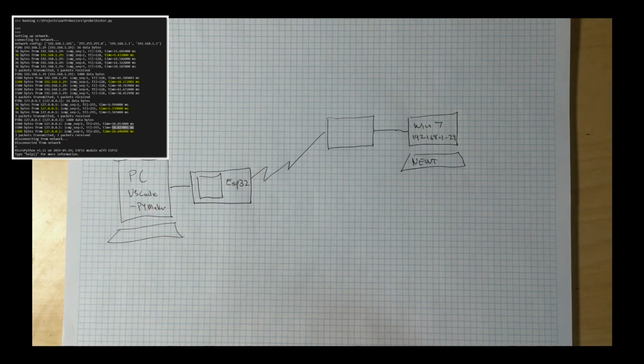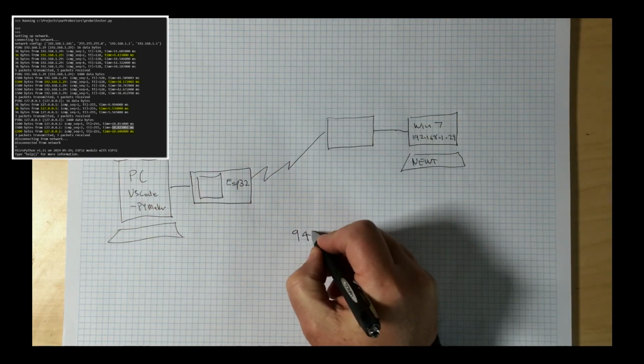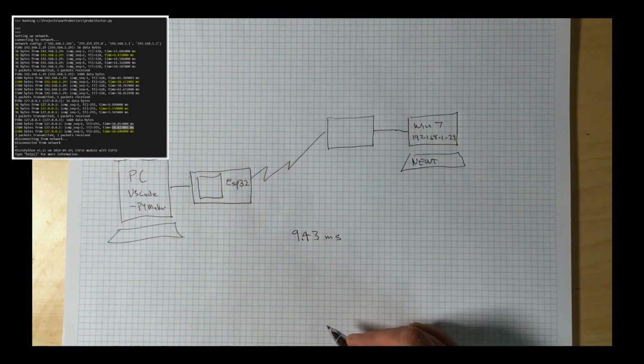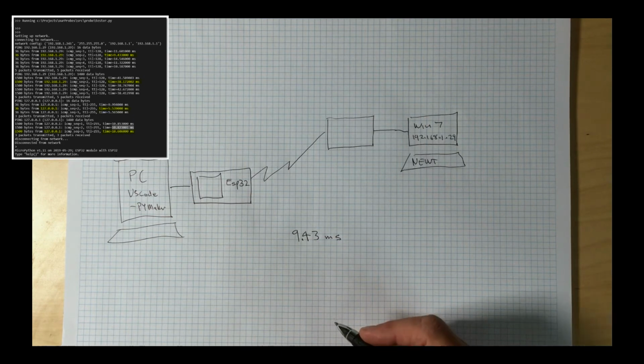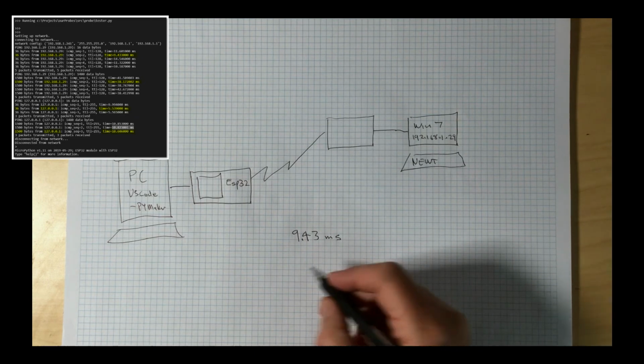The first one took 9.43 milliseconds at its lowest. I also did pings to the loopback or local address, so really not going out on the network from the esp32, and the shortest one of those was 5.53 milliseconds.